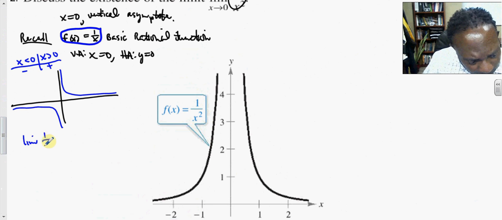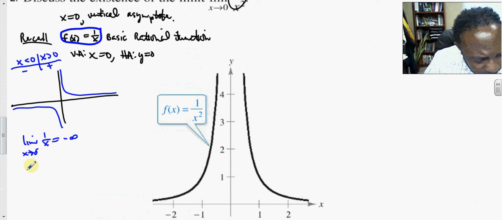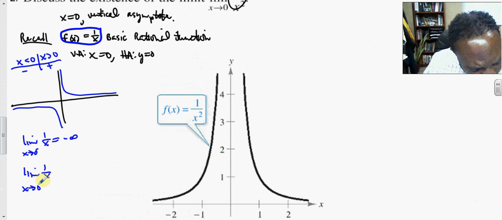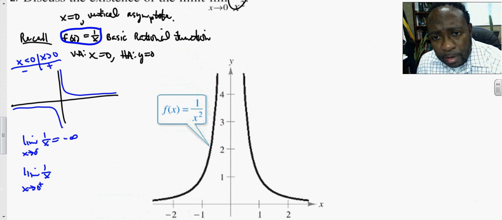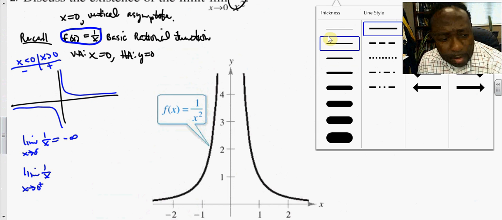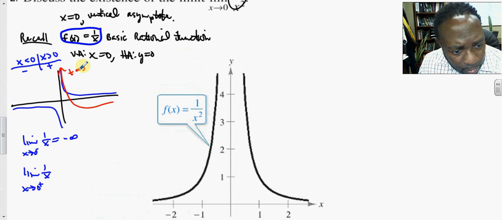And if you take the algebra and apply the calculus, the limit of 1 over x as x approaches 0 from the left side, as x goes to 0 from the left, this goes to negative infinity. And the limit of 1 over x as x goes to 0 from the right side blows up to positive infinity.